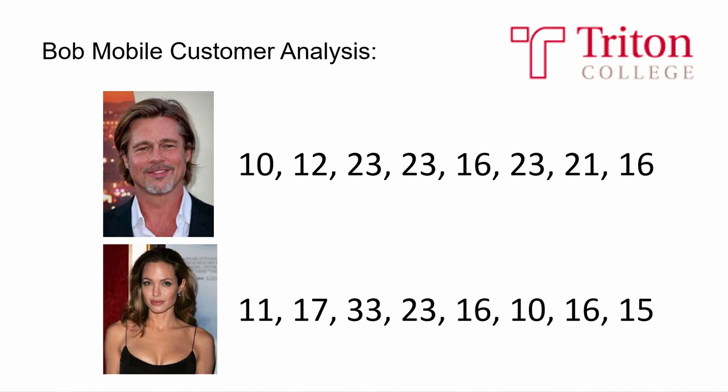So this is what we need to do. We need to look at these numbers and we're going to model them and we're going to find out 2 things. Number 1, what is the average bill for the extras for guys, right? What is the average bill for the extras for girls? How much are they spending? And let's compare them.